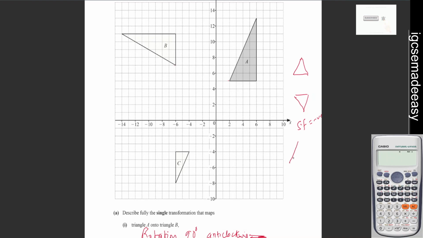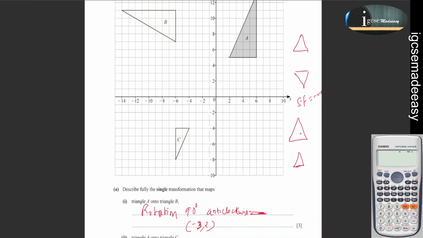If the object is like this and the image is also like this, whether it is smaller or bigger does not matter. If it is in the same direction, like the face is like that, then it will be a positive scale factor. Keep it in mind.